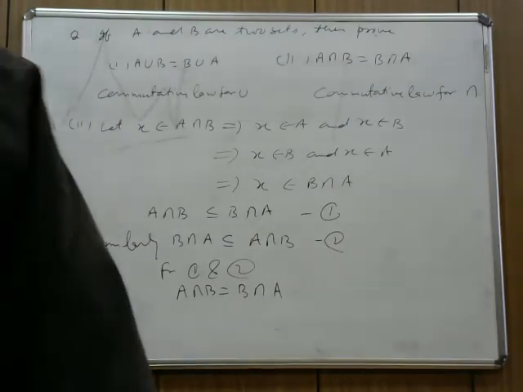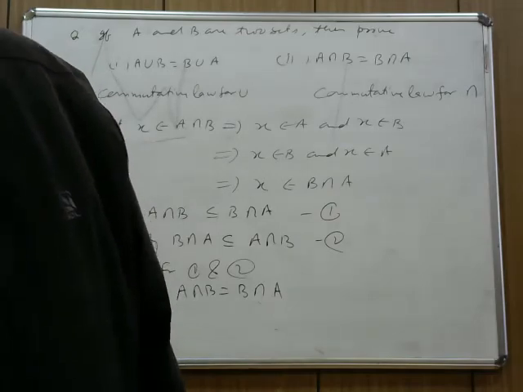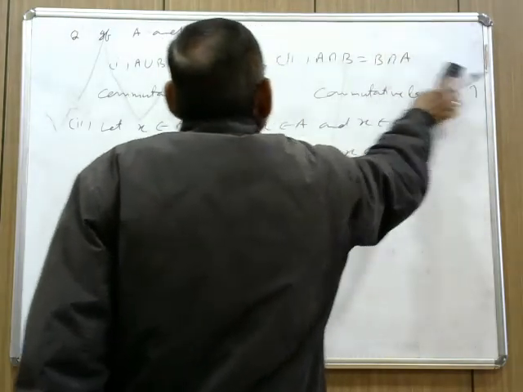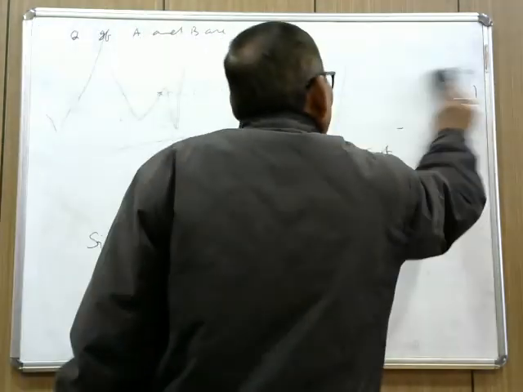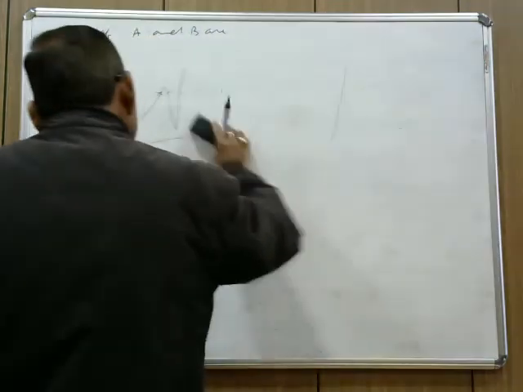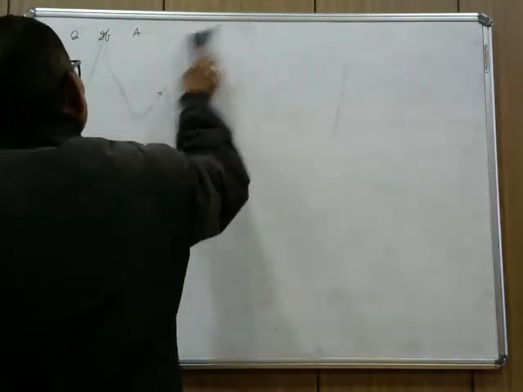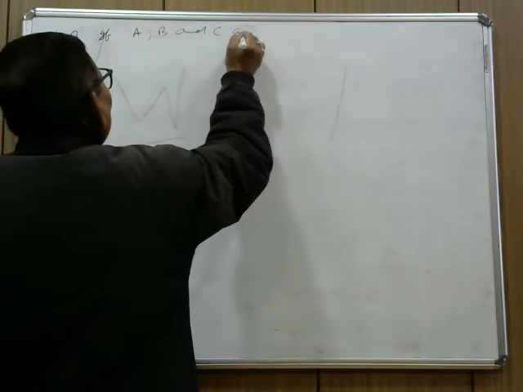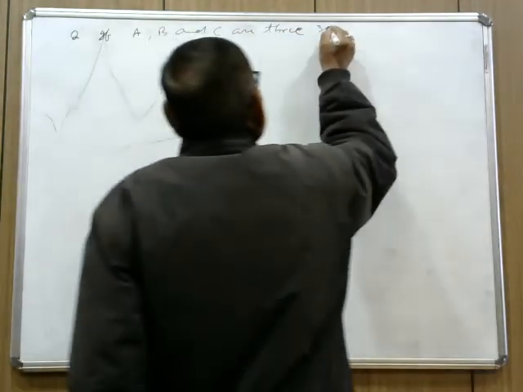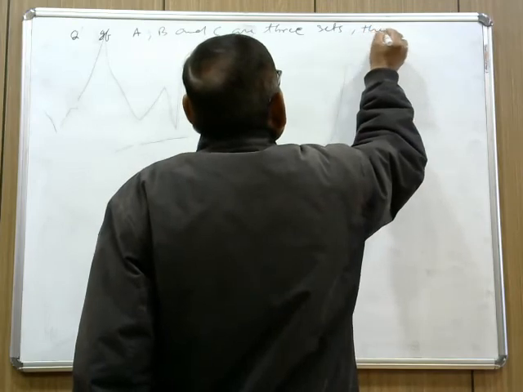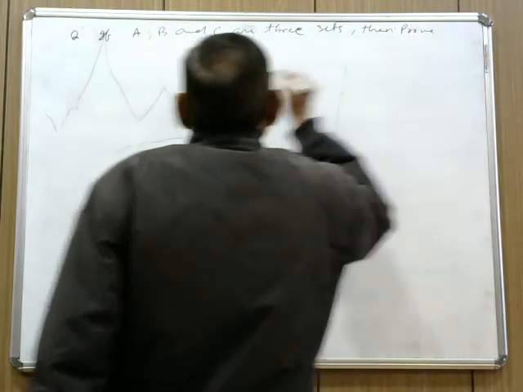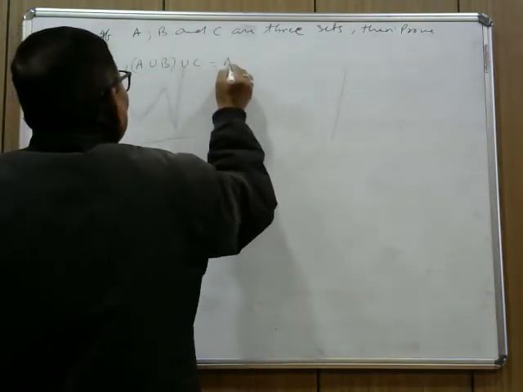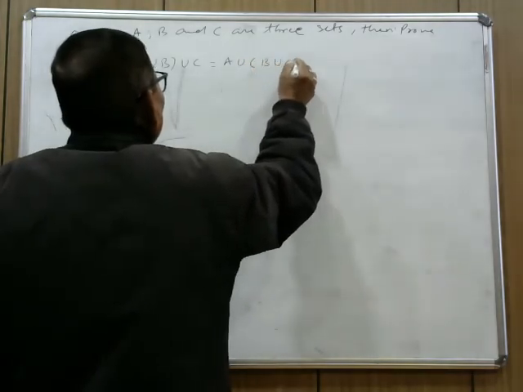Now, if A, B and C are three sets, then we will prove associative law for union and intersection. Prove number one: A union B union C equal to A union B union C with the grouping changed.